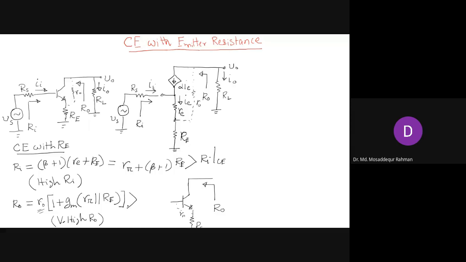This one will be still much larger than this small R naught, right? So adding this resistance in the emitter increases both the input and the output resistances for the amplifier circuit. Any question, guys?